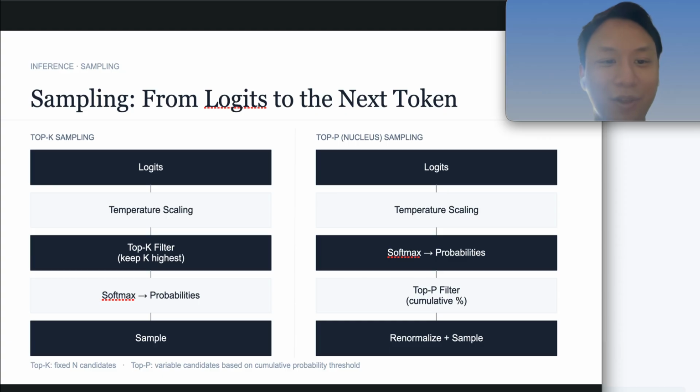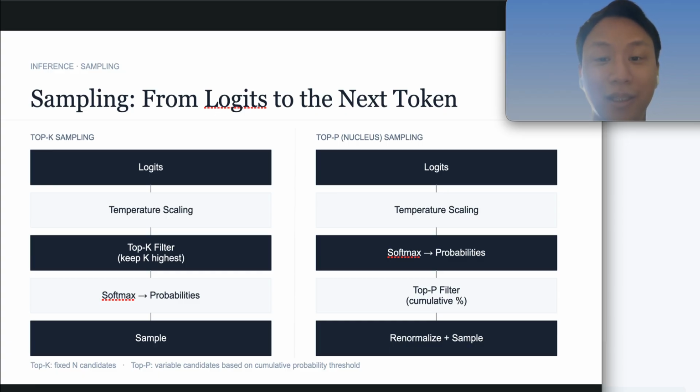And so after the scaling, there are actually two different ways of sampling the tokens that you want to select from. There's the more traditional top K filter, which just looks at the top K tokens with the highest probabilities, and then only considers those and selects from those particular ones.